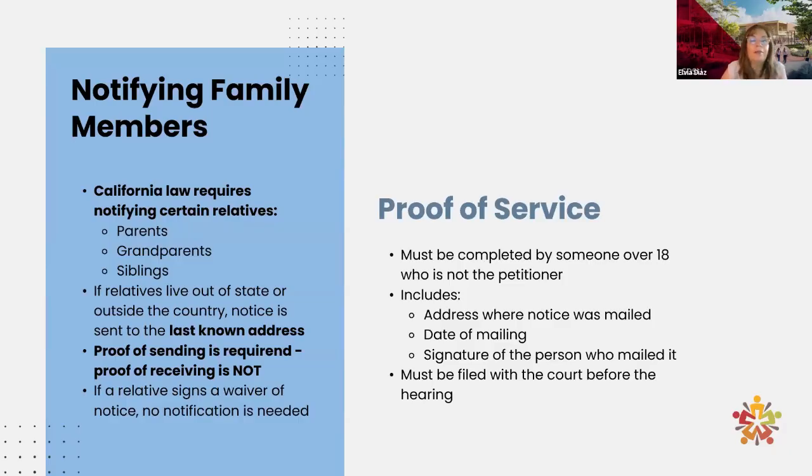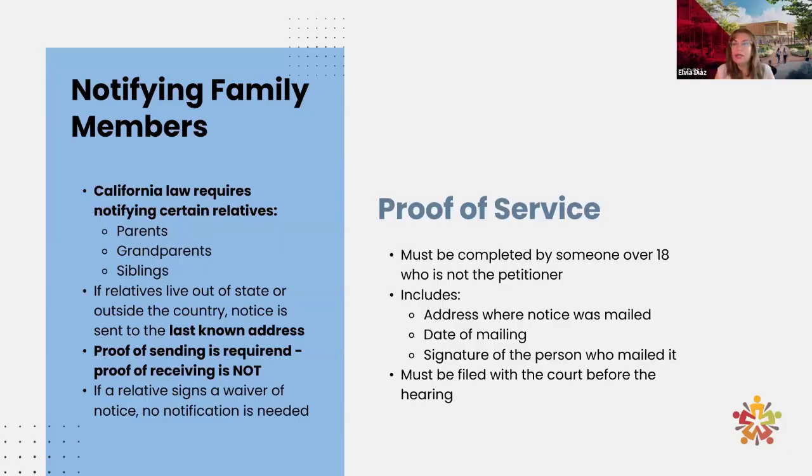Let's talk about the family members first. California law requires notifying certain relatives, like the parents, the grandparents, and the siblings. And this is very important. All you have to do is prove that you have sent the notification. Sometimes families are not together, and sometimes the parents are no longer on good terms.